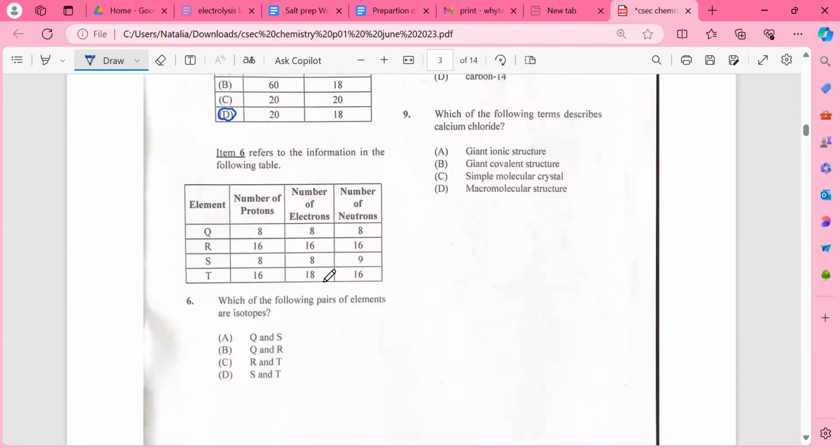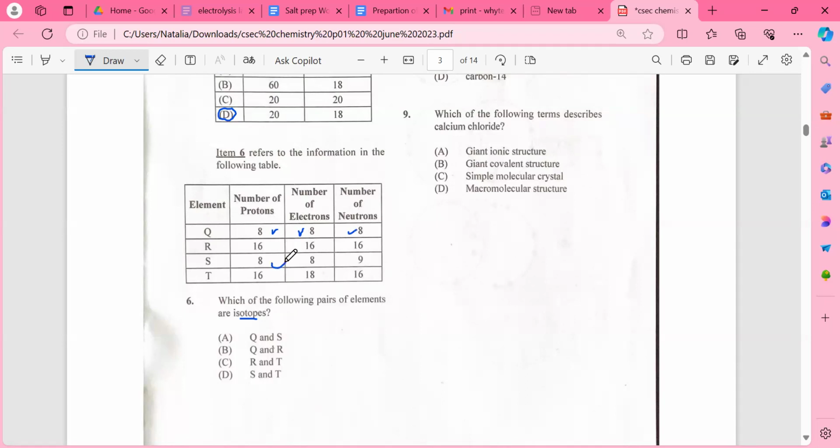Item 6 refers to the following table. So we're looking for isotopes. Isotopes have the same atomic number, but a different number of neutrons. So they have the same number of electrons as well, but a different number of neutrons.